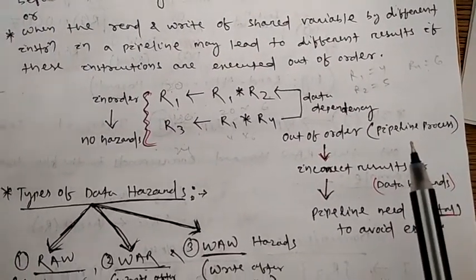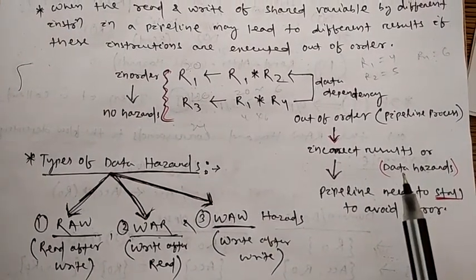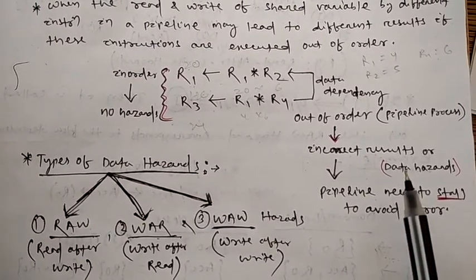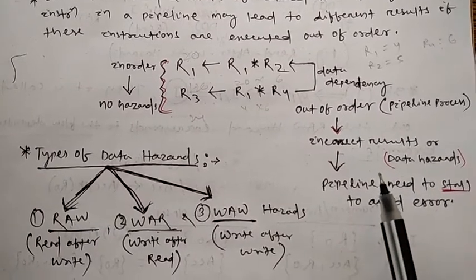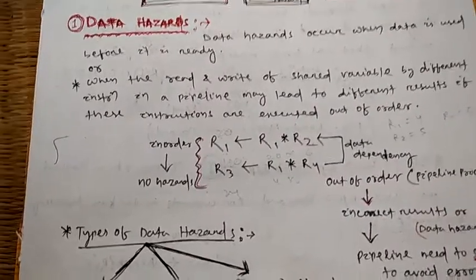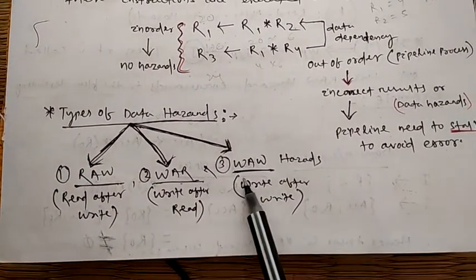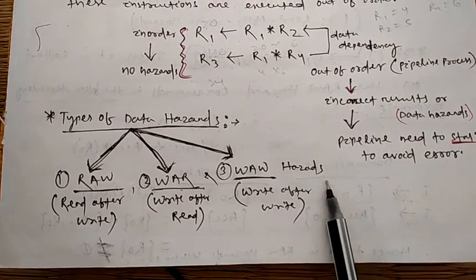How can we prevent data hazards? We can prevent them if we stop the execution of an instruction for some time, that is, stall the operation, then there will be no hazards. There are three types of data hazards: read after write, write after read, and write after write.